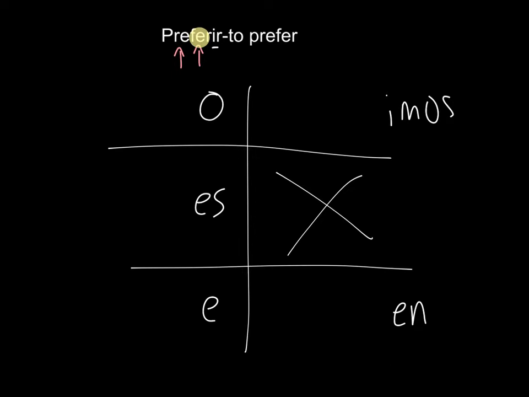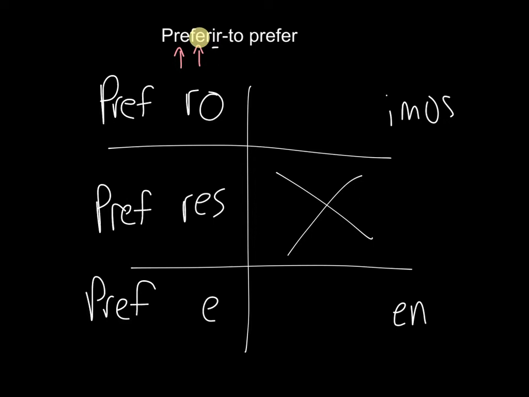So you would write everything the same except for where we're focusing on the stem change. P-R-E-F, and then there's an R. Then you take the E and you change it to IE.